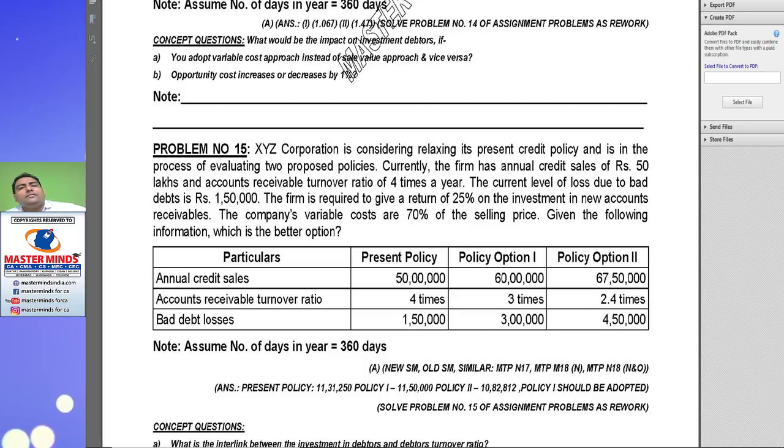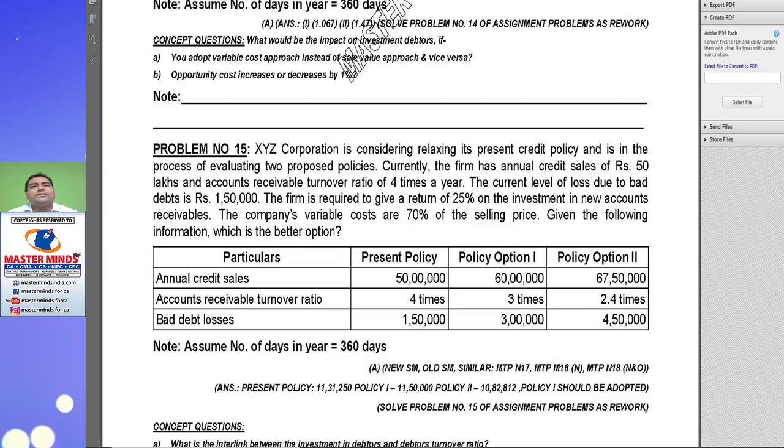You are getting 4 times payment means the firm is allowing 4 times credit in a year. In a year you have 360 days. Now tell me, getting 4 times credit means for each time you are getting 90 days credit. Simple. Therefore, the present credit period is 90 days.